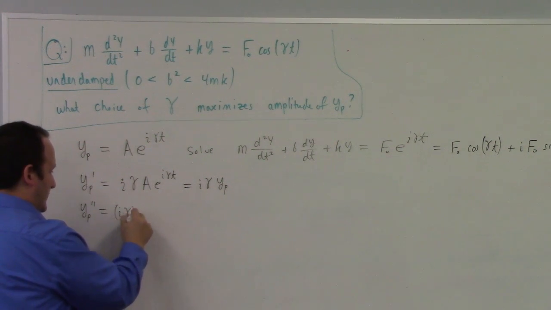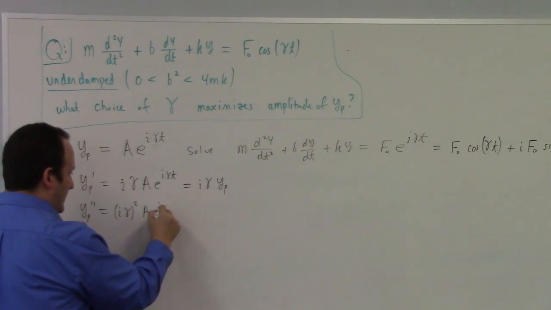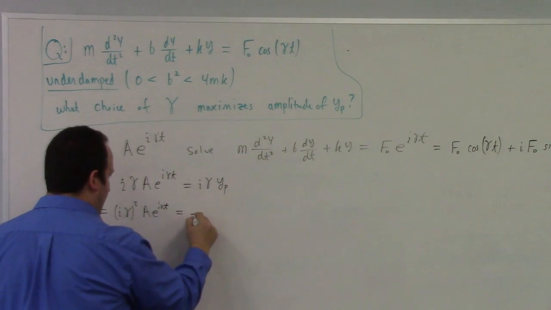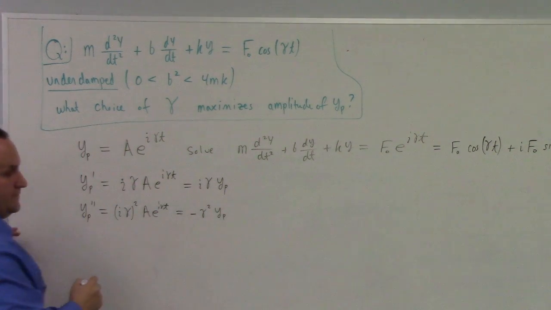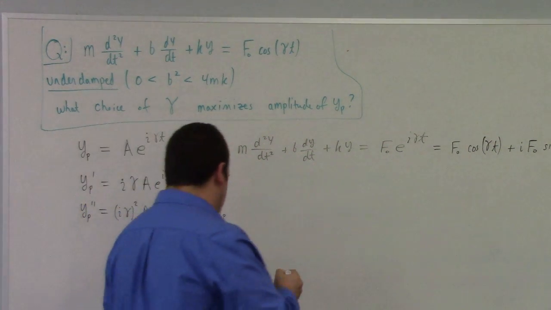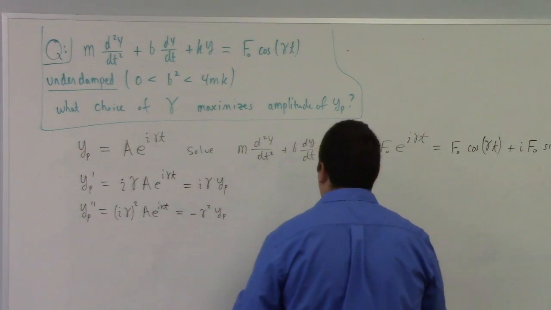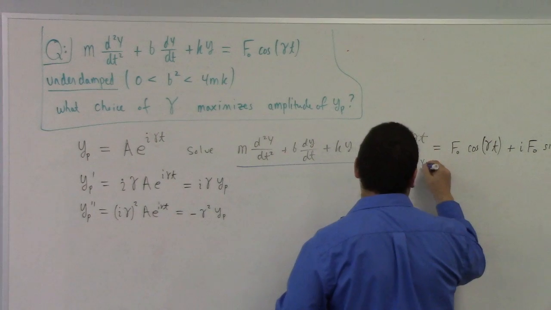I gamma squared A e to the I gamma t, or if you like, minus gamma squared yp. So plug these into the complexified differential equation, this guy, plug these into star.